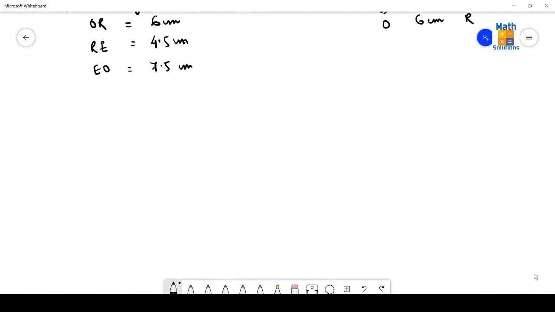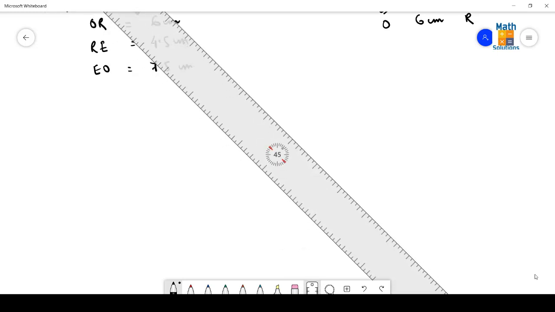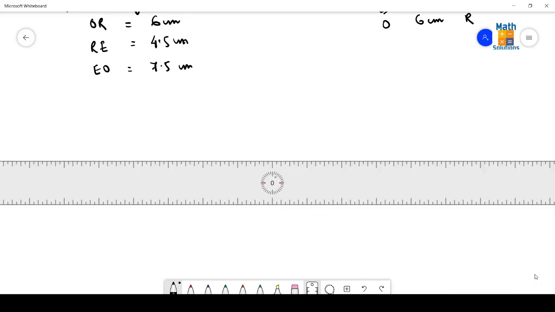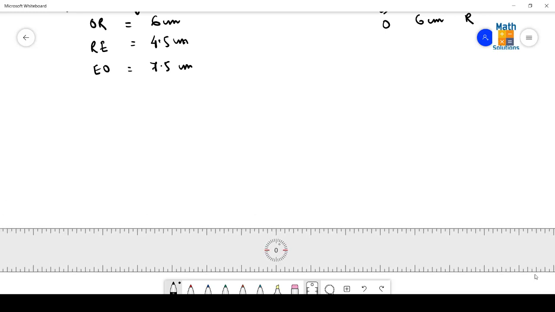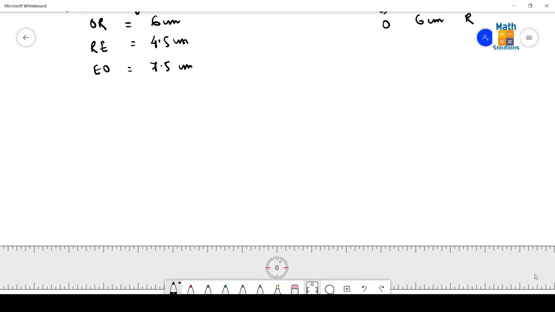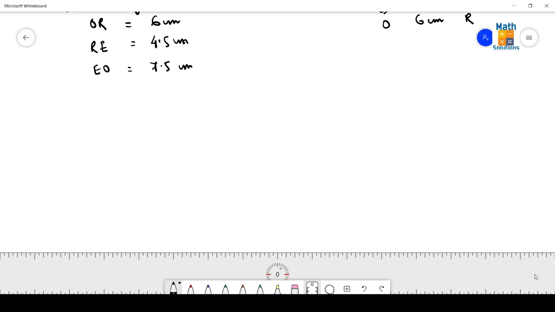First of all, in the main construction part, I am going to draw the line segment OR. I am taking the scale here. The measurement should be 7.5. Sorry, the measurement should be 6 cm. In case of the scale, I shall be taking the gap between two bigger lines, this line and this line, as 1 centimeter.